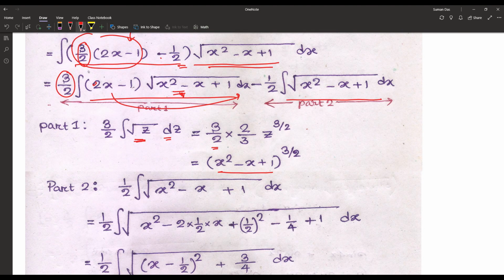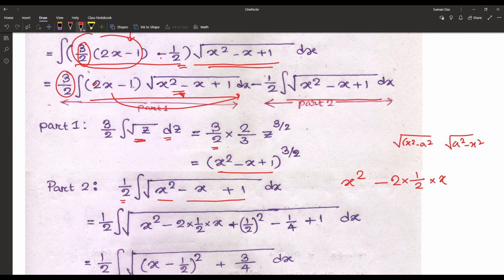Second part, once again the square root of a quadratic expression. Just as in the previous problem, we have to convert it into the format of the square root of x square minus a square. Let's check what we can do. Now x square minus x is given, so we can write it as 2 into half of x.